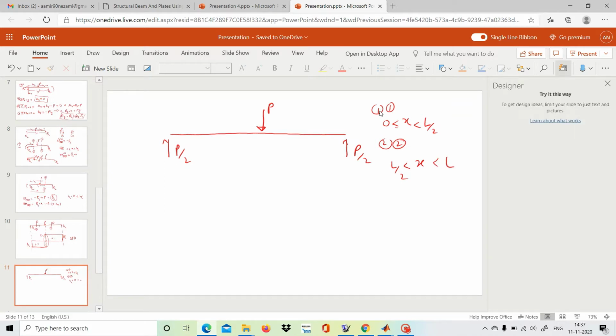So it is A, it is B, and at X equals to 0 we will get bending moment at A, and that would be 0. So we will draw a bending moment diagram here.